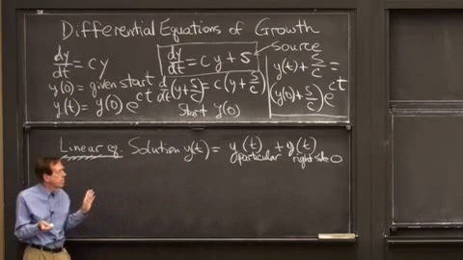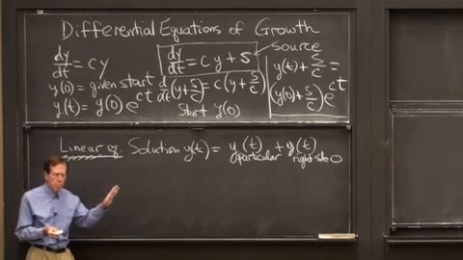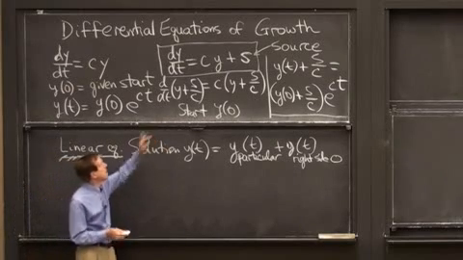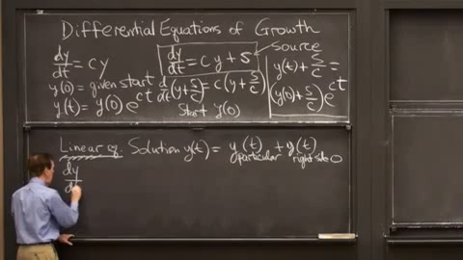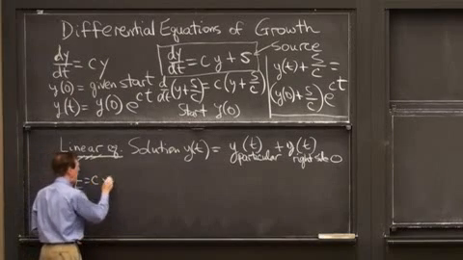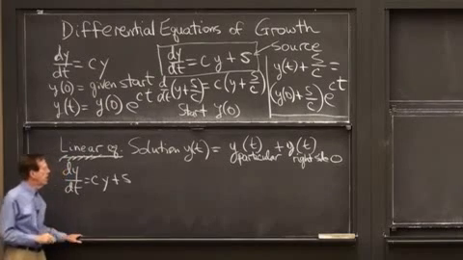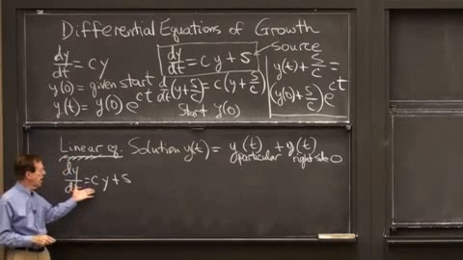You'll see what I mean by those two parts for this example. Can I copy again this example? dy dt is cy plus s. So I'm looking for a solution to that equation.